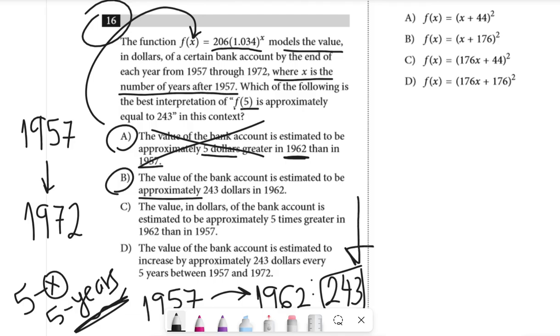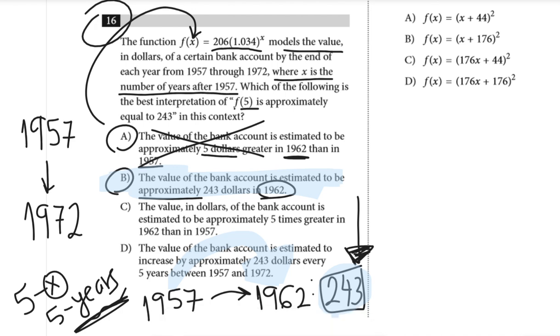The value in the bank is 243 in 1962. Yes. So we start in 1957. In 1962, it will be $243. Yep, this one is correct. You can read B, you can read C and D to see why they are incorrect.